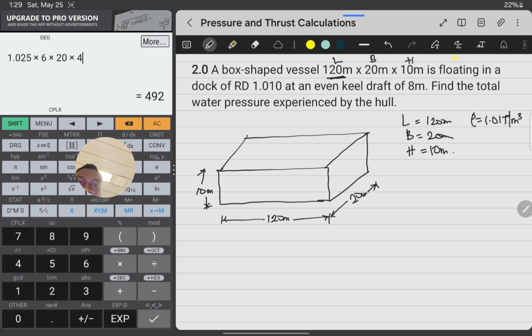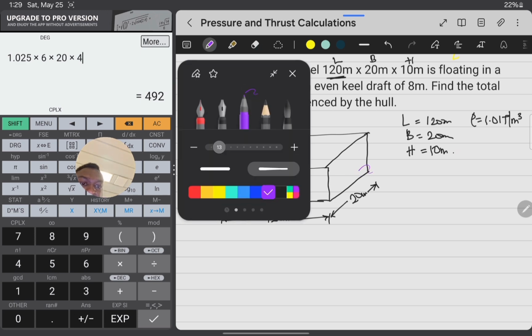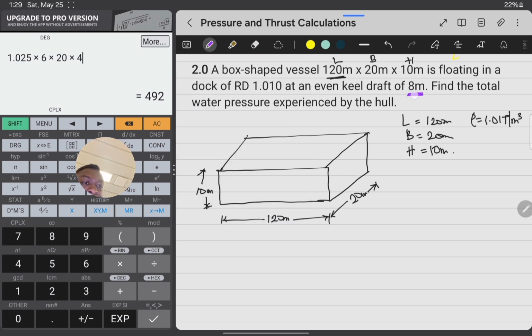Now, the water is 8 meters in draft, so it's touching it on the side. It's surrounding the box, because it's immersed. The box, which is the ship, the vessel, is immersed in water.